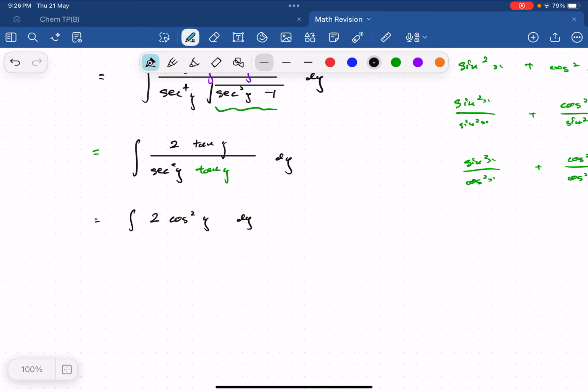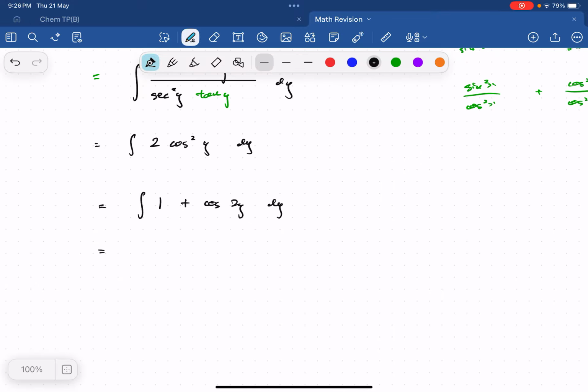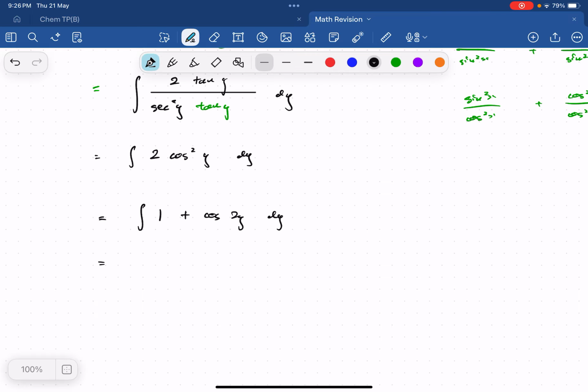And this is going to be equal to 1 plus cos 2y dy by the double angle formula. Okay? And then now this is perfectly integratable to us. Let us integrate this. So integrate 1 is just y. And then if I want to integrate cosine, of course, I need to take this half out. Integrate cosine is positive sine.